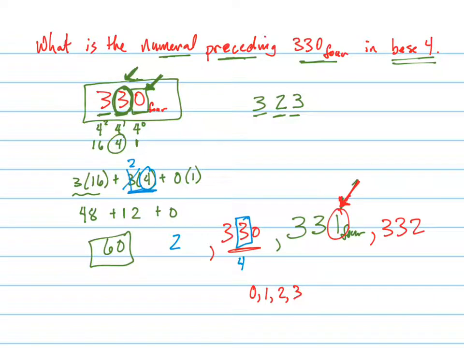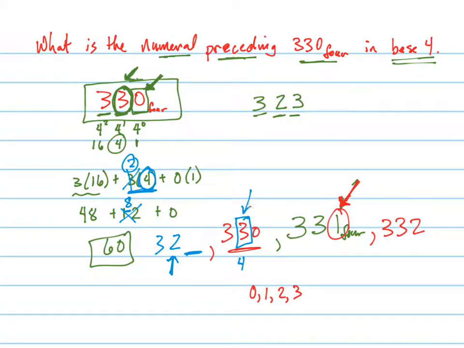If I make that number 2 instead of 3, instead of having 12, I have 8, because 2 times 4 is 8.